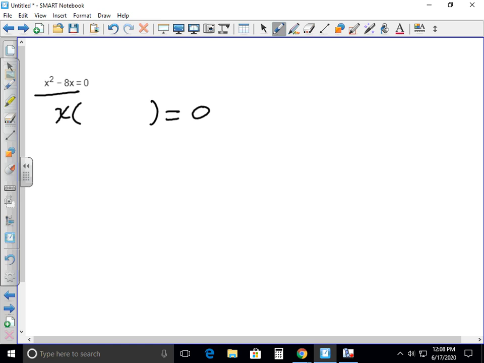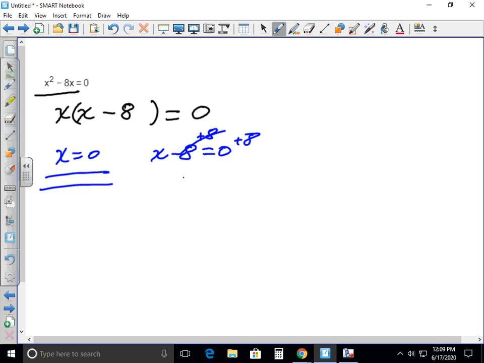So if we pull an x out of the first term, we're left with an x. If we pull an x out of the second term, we're left with an 8. So we have 2 factors, set each factor equal to 0. The first one has x by itself. The second one, if you add 8 to both sides, then you have x by itself.